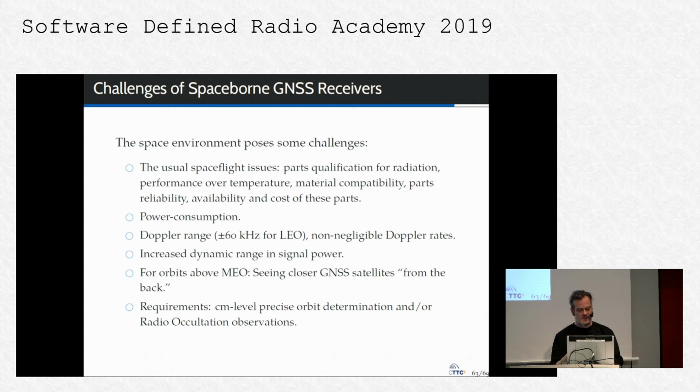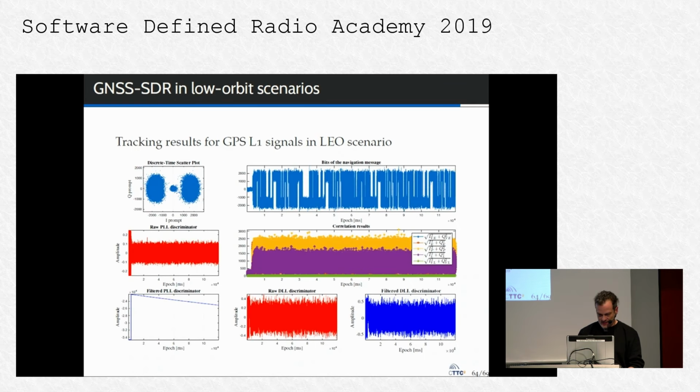Of course, there is also an increased dynamic range in the received signal power. If you are above the GPS satellites that are broadcasting to the Earth, you are not seeing them. You have to see the ones on the other side of the Earth, which reach you with much less power. So this is the kind of problem you have in space.